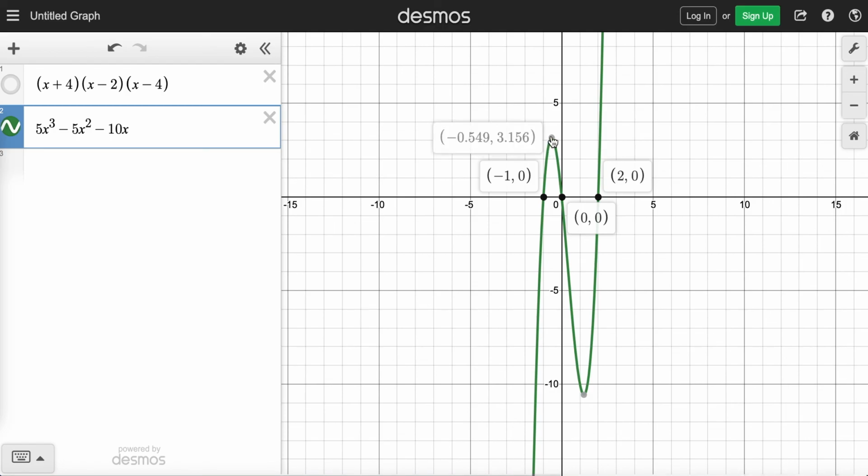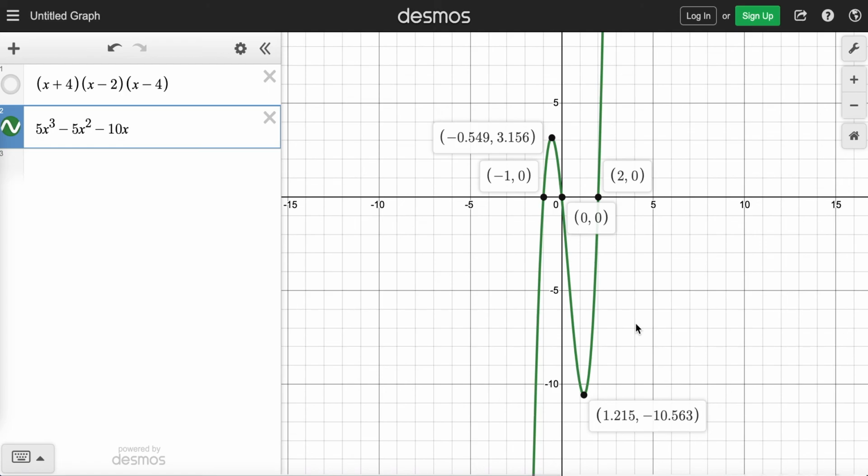You can even find your local maximum and your local minimum, things that you'll need for your assessment. And you can see that it goes in opposite directions for your end behavior. You can see your increasing and decreasing intervals, based on your local maximum and local minimum, and whether an interval is positive or negative, and so on.